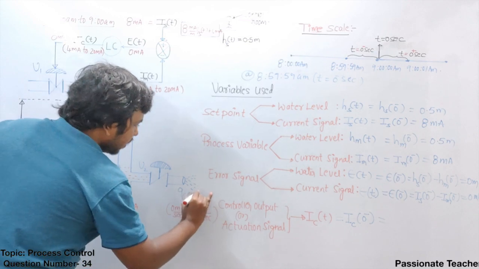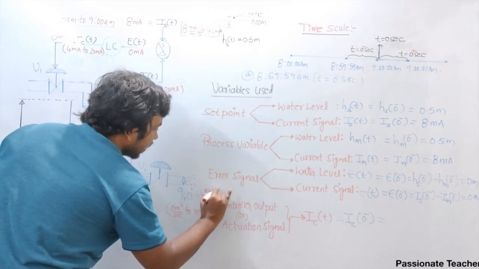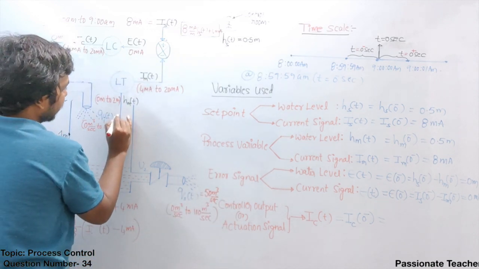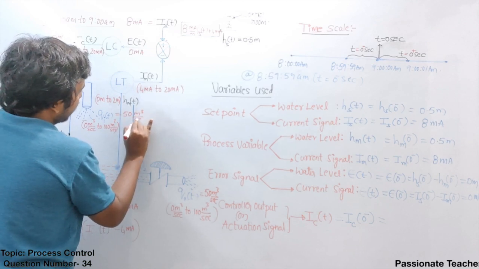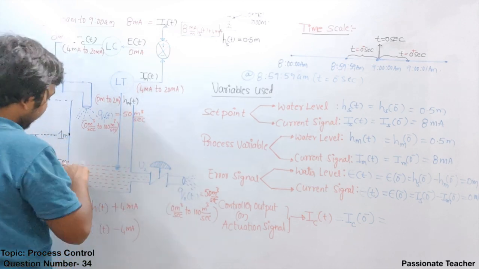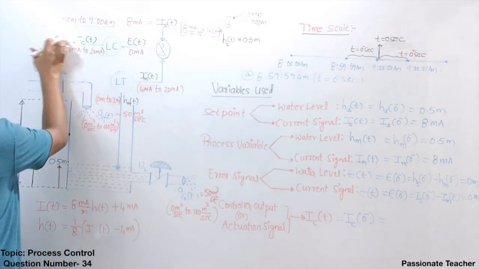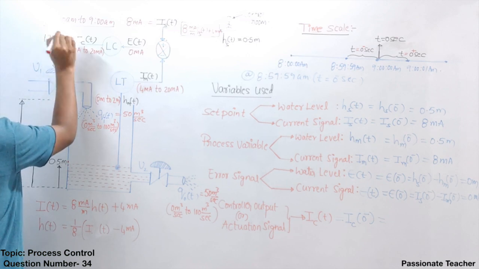Because we have considered that both are equal, let's consider that this is 50 meter cube per second, and this should also be 50 meter cube per second here, right? Qin of t should also be equal to 50 meter cube per second. This can happen at 8:59:59 am if it generates how much current? It should generate 12 milliampere current, correct?